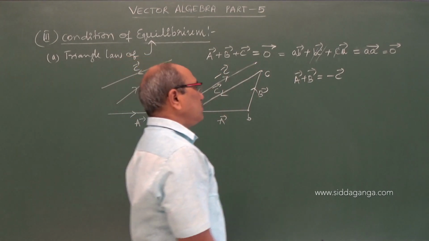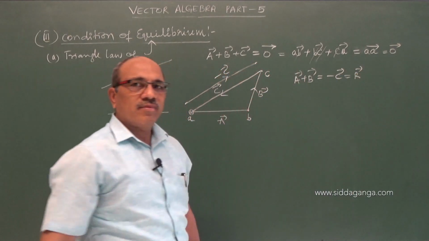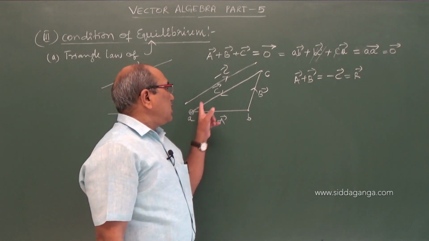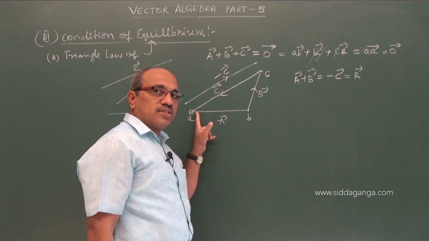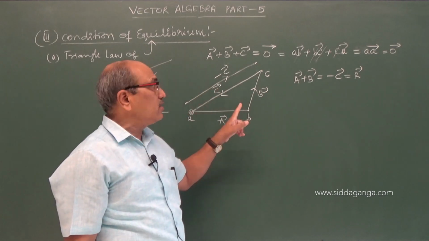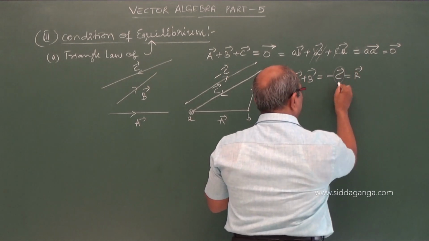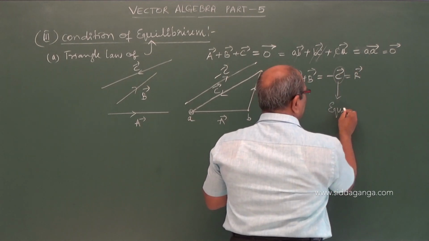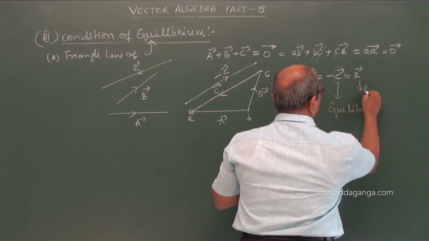What it represents is nothing but the resultant of the two, A plus B. If taken in the opposite direction, it becomes the resultant. Same order, closing side, it becomes equilibrium. That is what's called C is the equilibrant. R is the resultant.